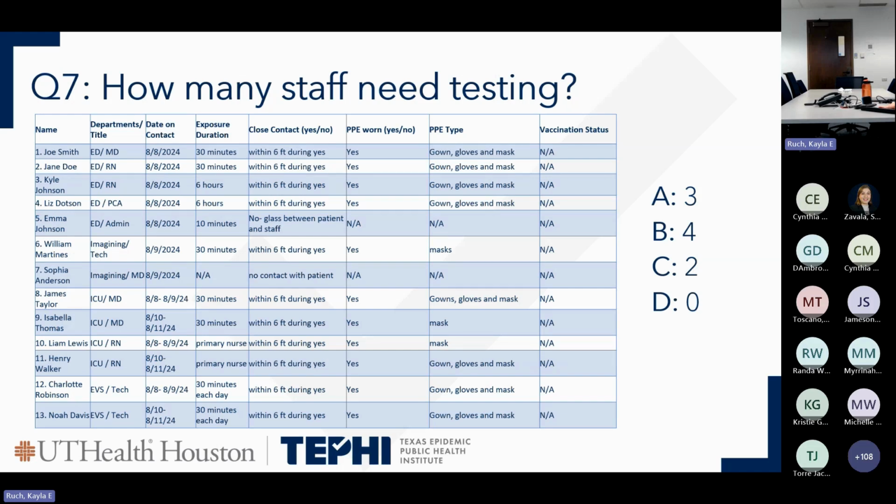Based on the information shown on the spreadsheet that you have collected, how many staff are you going to recommend to perform testing due to meeting the criteria of being exposed to this patient? Is it A, 3; B, 4; C, 2; or D, 0?